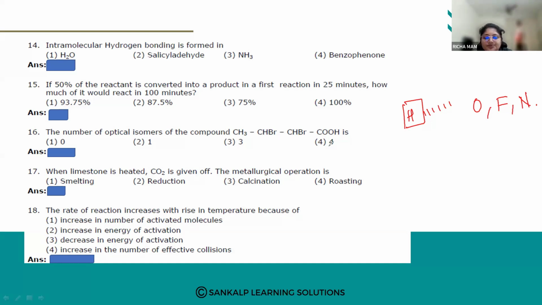Now, two types of hydrogen bonding are there. Inter means between two different molecules. Intra means within the same molecule. So these are the four options. Vandana has answered as two. The first option is water.